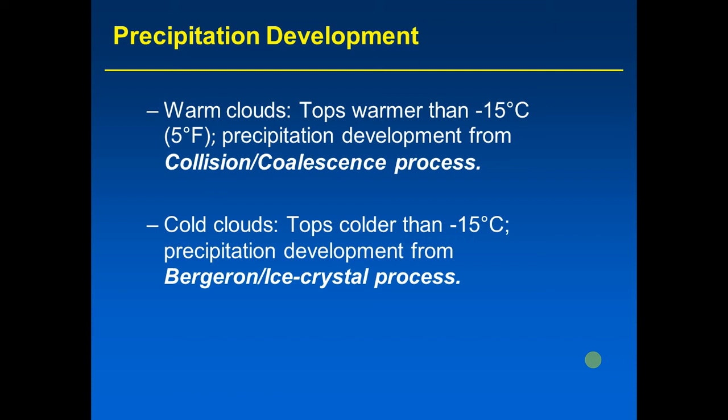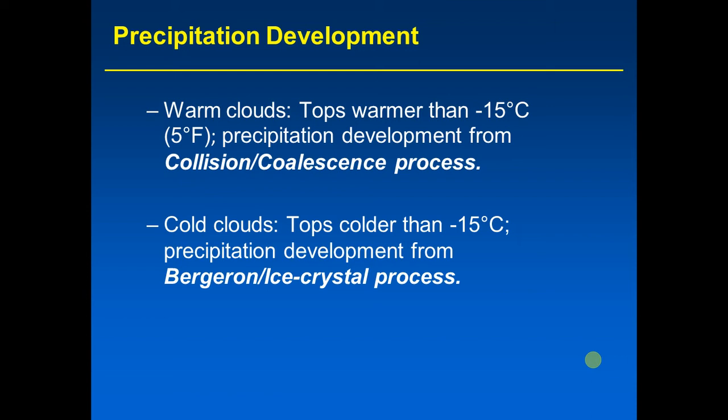On the other hand, when the tops start to get colder than minus 15 degrees Celsius, 5 degrees Fahrenheit, that's when you start seeing significantly more development of precipitation from the Bergeron ice crystal process. And that can form snowflakes and snow pellets. So the type of precipitation development depends on the type of cloud, how warm the cloud is.